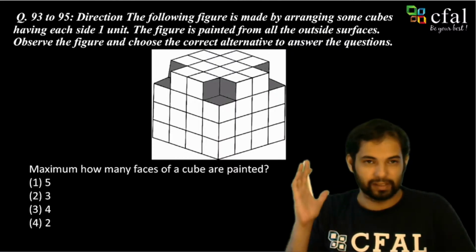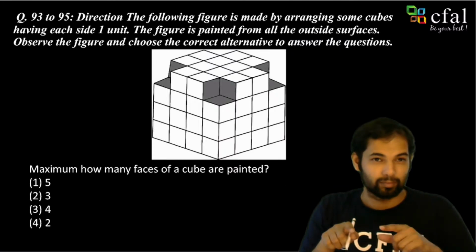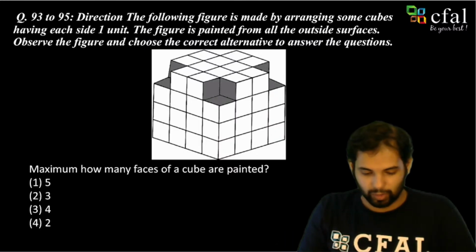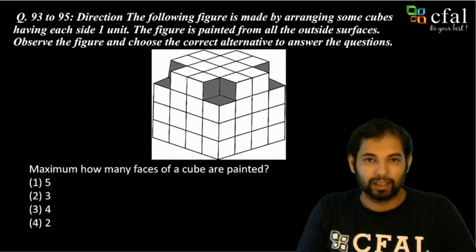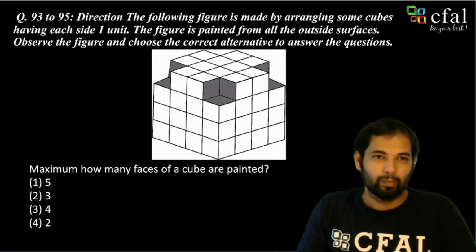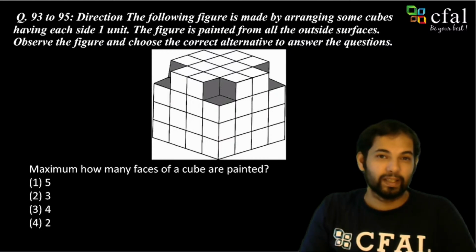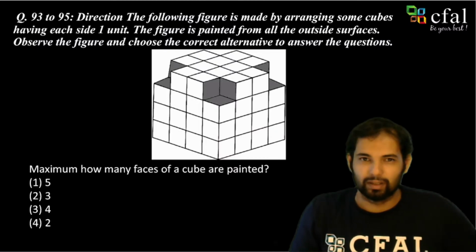Simply painted. Because there are some cubes missing, please note that. Observe the figure and choose the correct alternative to answer the questions. Maximum how many faces of a cube are painted? So please give me your answer.